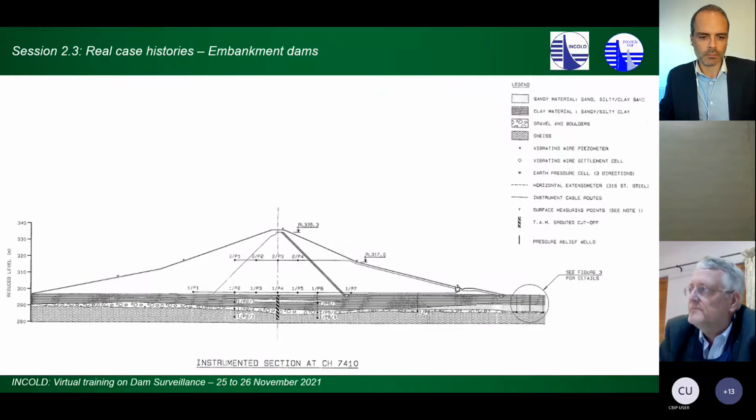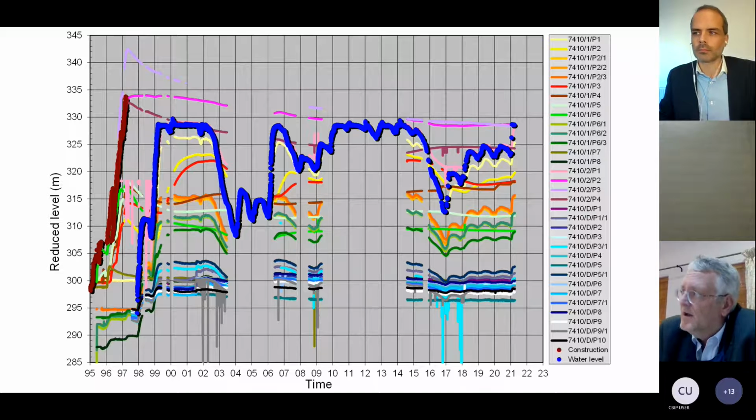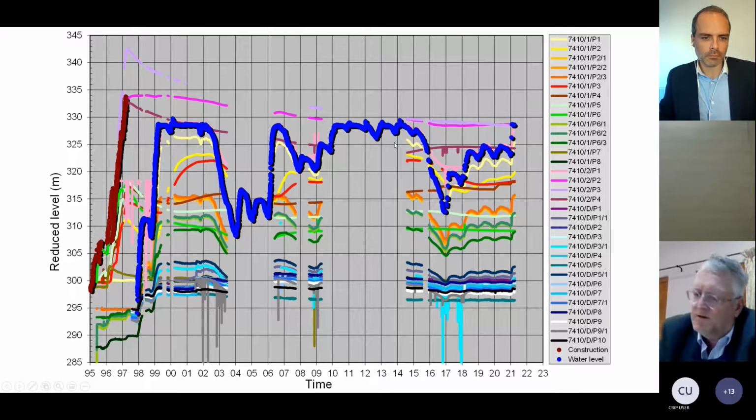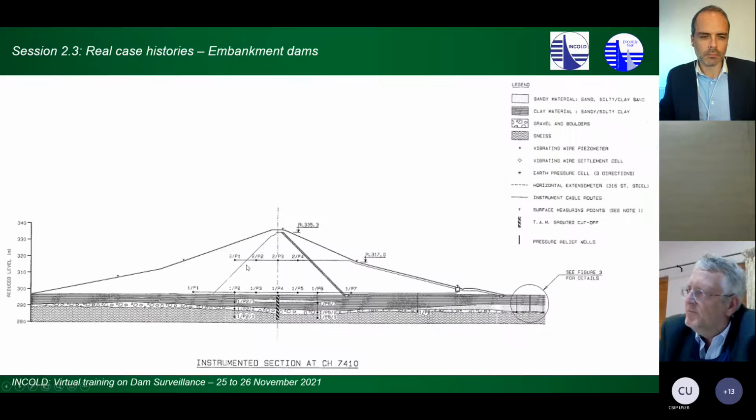Okay. So if one looks at the results from the piezometers, and I know it's a lot of information on there, let's just focus on the purple and pink ones, the ones there on top.